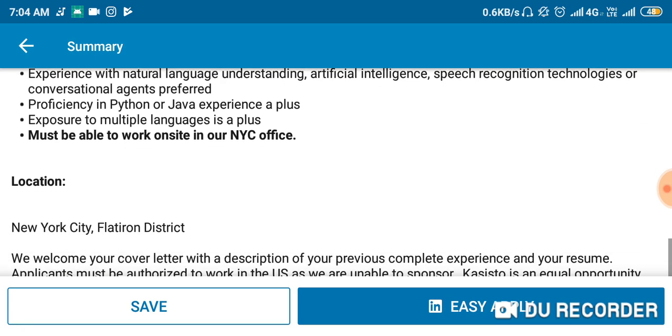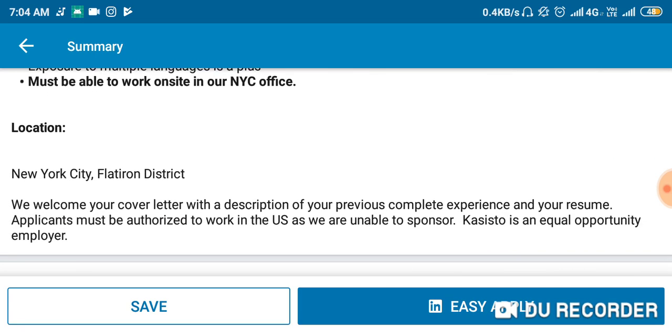So these are the little things that you have to cover, and a lot of startups are saying, hey, we have a lot of data science positions, but we do not have people able to do the work in these positions.